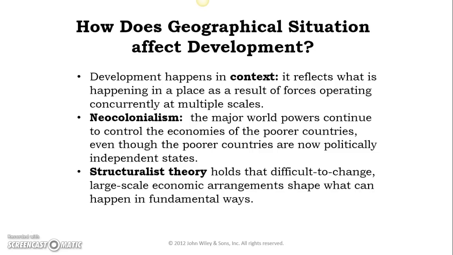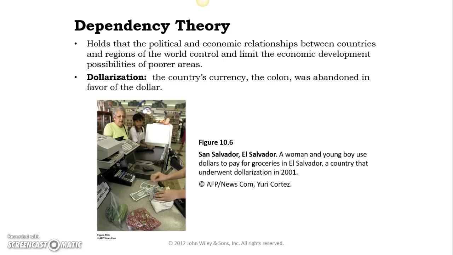And these large-scale economic arrangements, I want you to think like major treaties, I want you to think neocolonialism, all those kind of really big global-scale economic arrangements that can make a huge difference in terms of what happens from one day to another.